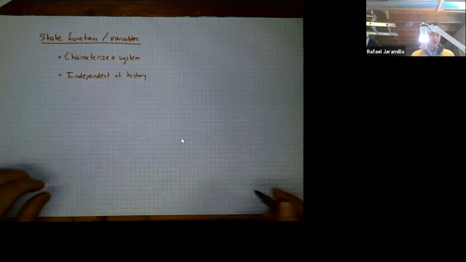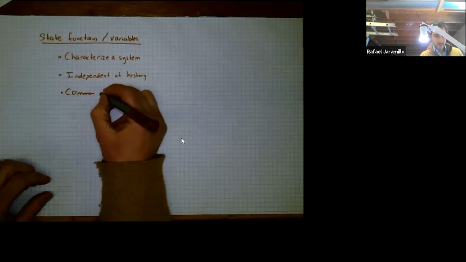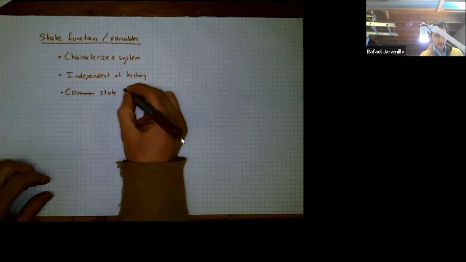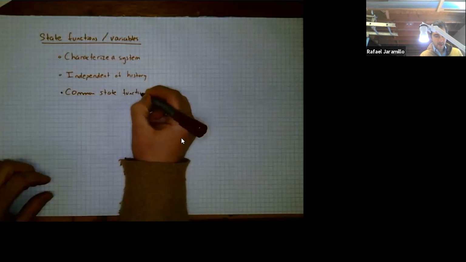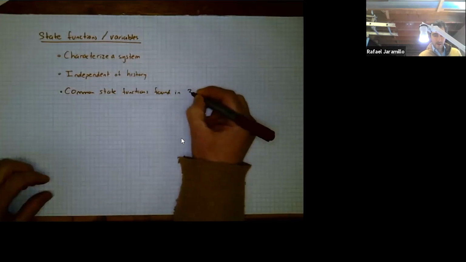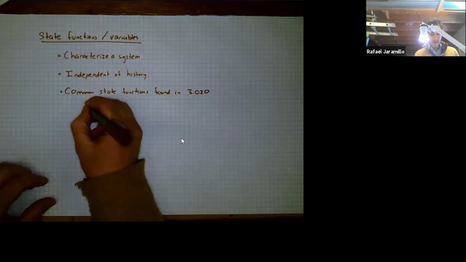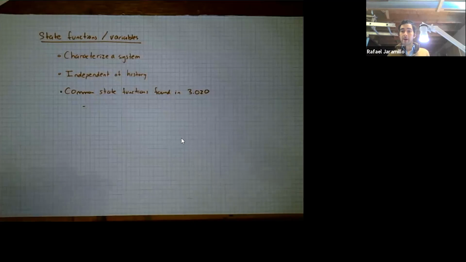Okay, common state functions found in thermo. All right, so would somebody like to volunteer a state function? A common state function you might find in thermo? Temperature.